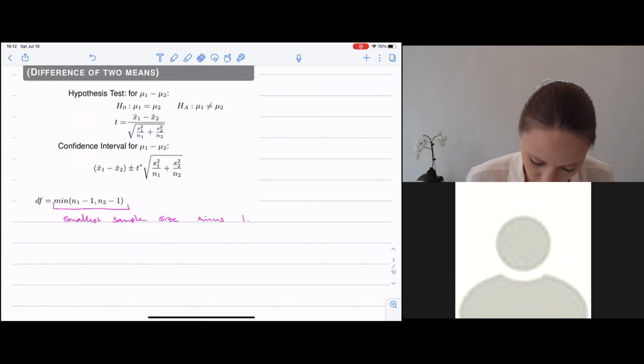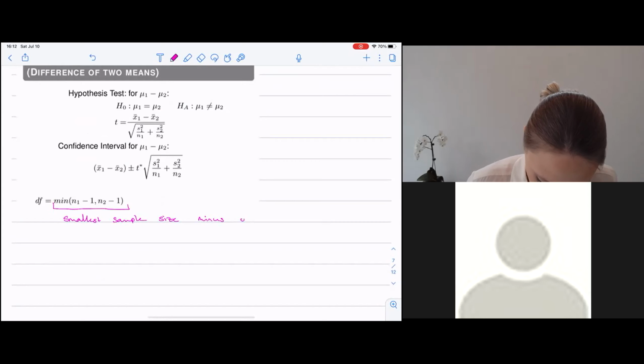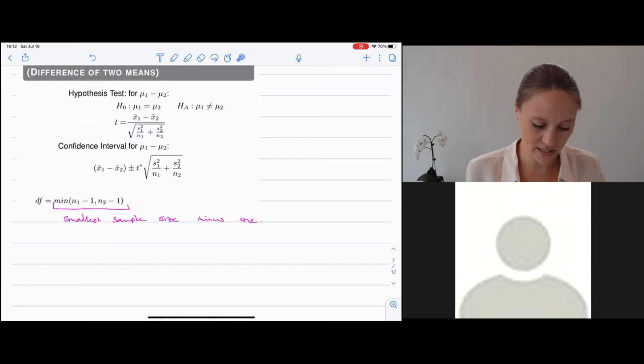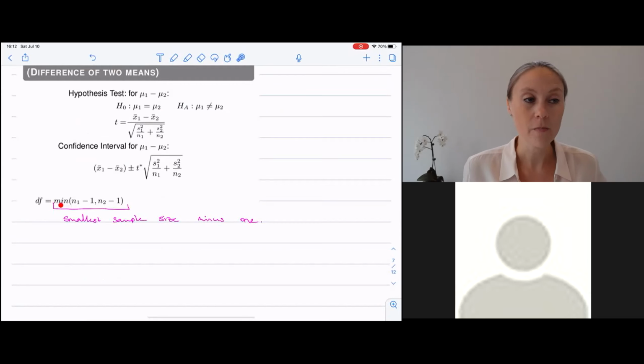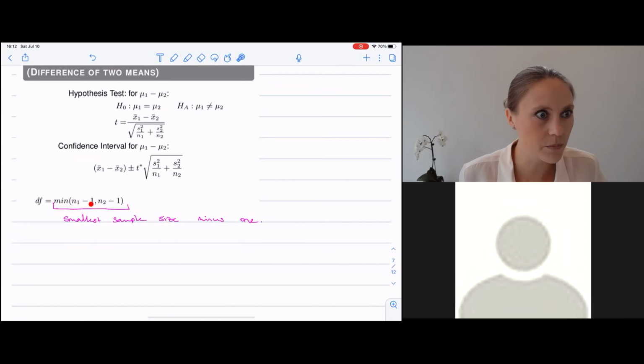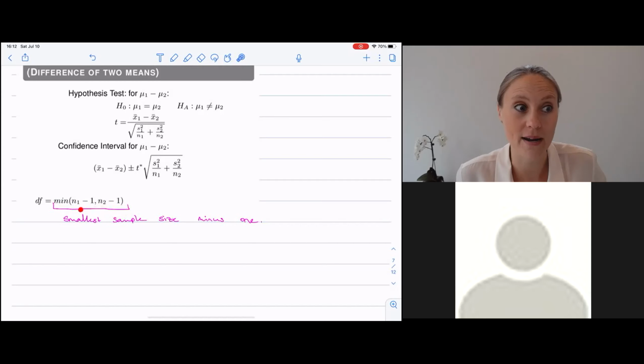Oh, maybe I should write it out. So that's how you're going to find your degrees of freedom. This is just math notation, but once you go through it slowly, you'll see it is shorter than writing smallest sample size minus 1 every time.